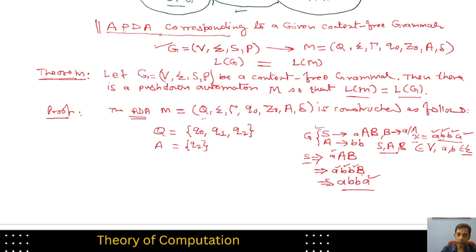So here we are given a context-free grammar, and from the given context-free grammar we are going to obtain the PDA. For the PDA, we need to think about what the stack symbols should be.